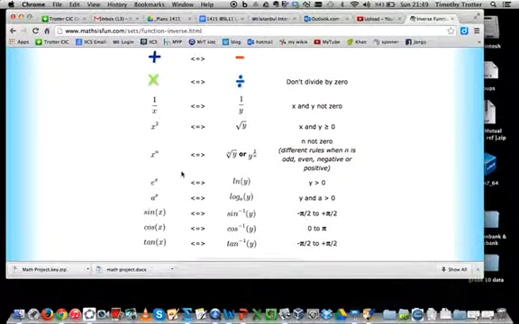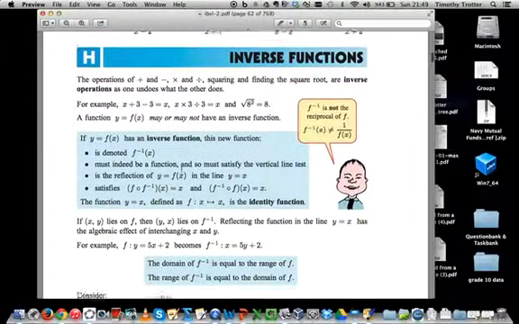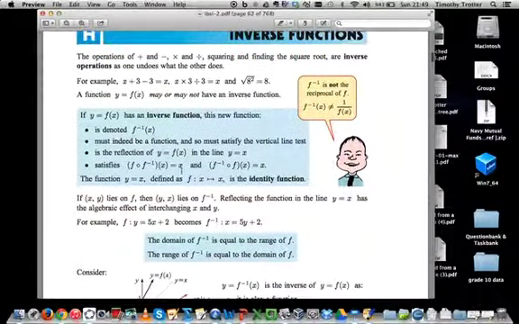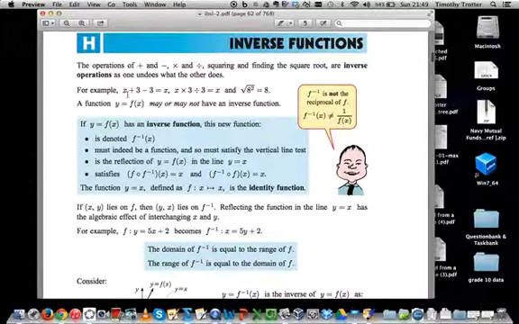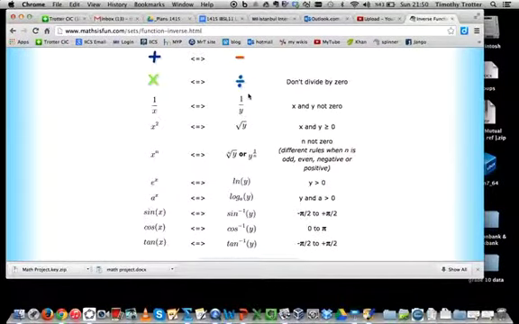Okay, so here in our book, we should already be familiar with a lot of inverses. Like if I take x and I add 3 and subtract 3, we get x. So adding and subtracting are inverses, multiplying and dividing, square rooting and squaring. They're all inverses. And in fact, there are some others that you should know.